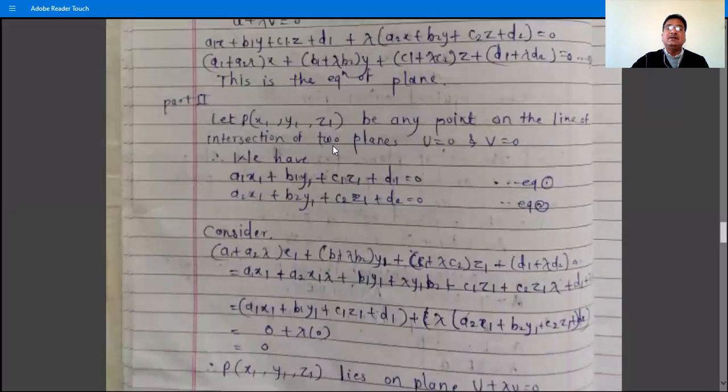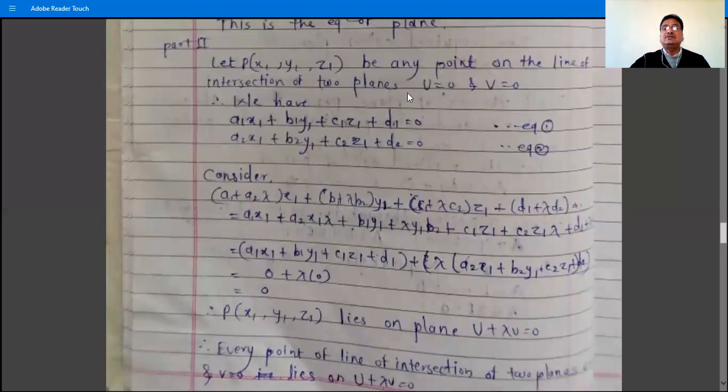Now in the second part, the proof is that this plane U + lambda V = 0 passes through the line of intersection of the two planes U = 0 and V = 0. How can we show this second part? Take P(x1, y1, z1) as any point on the line of intersection of these two planes.